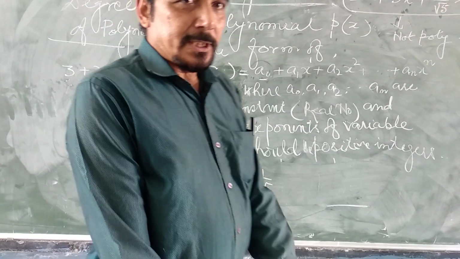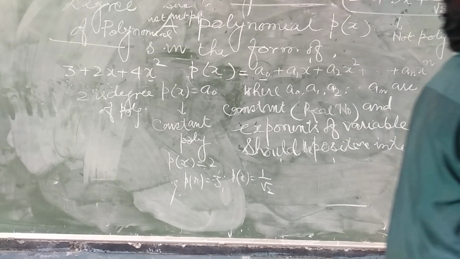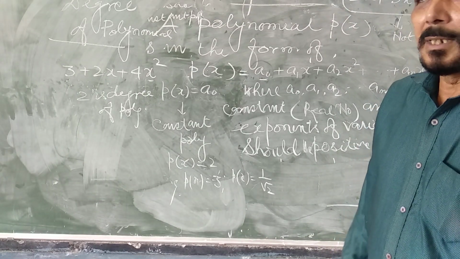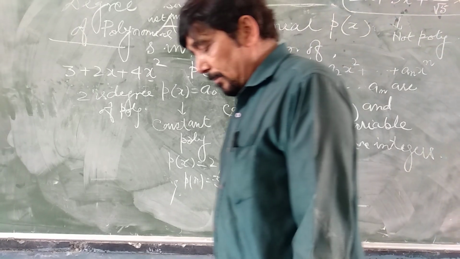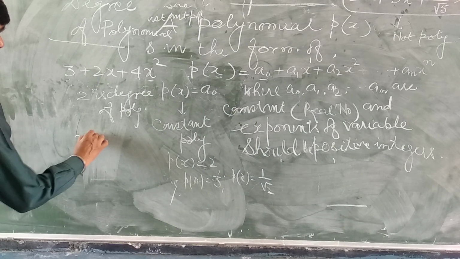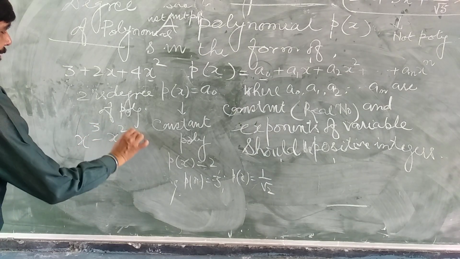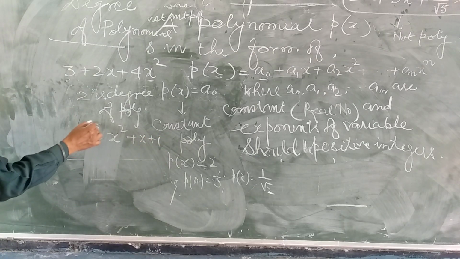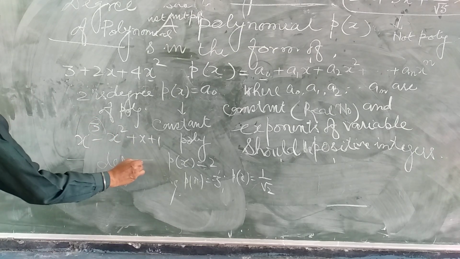So in the given polynomial, the highest power of the variable is called the degree of the polynomial. Okay? Now suppose I am writing 3x plus 3 minus x square plus x plus 1. It is a polynomial. The highest power of the variable is 3. Therefore the degree of this polynomial is 3.